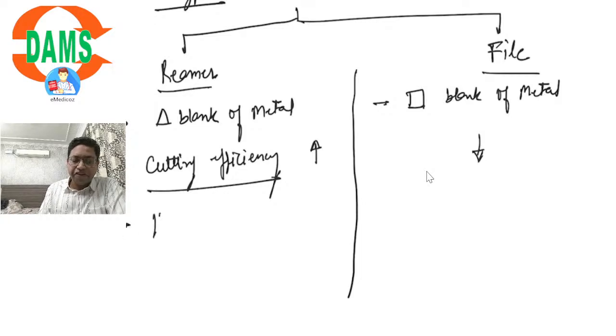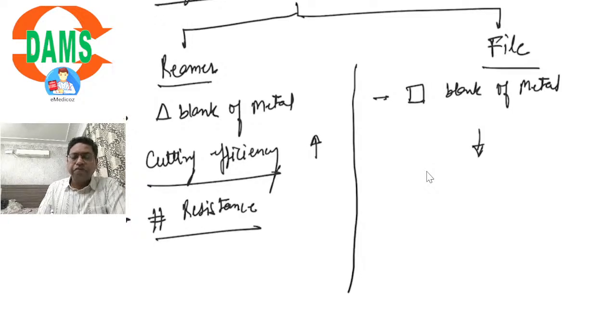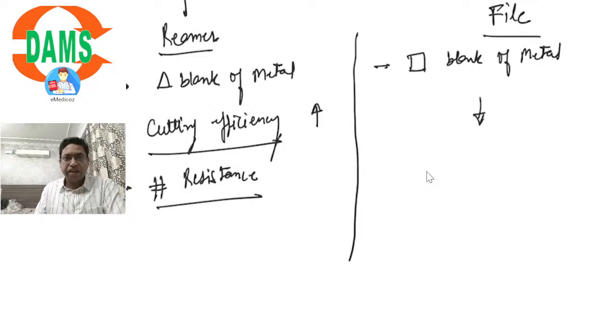If we talk about fracture resistance, whenever we use instruments inside the root canals, they are very narrow confines of the diameters, and fracture resistance is important for the instrument to prevent instrument separation. So if we compare the fracture resistance between a file and a reamer, then a reamer has lower fracture resistance and a file has a greater fracture resistance.